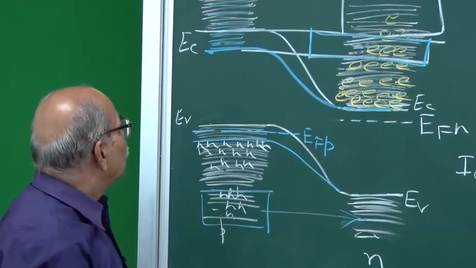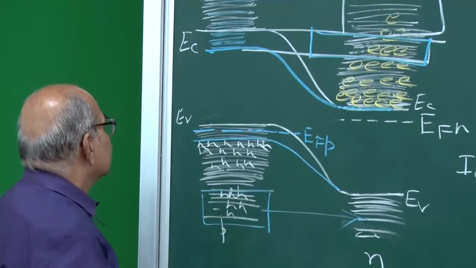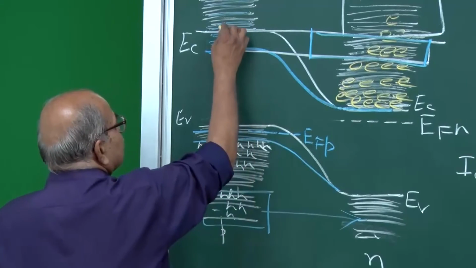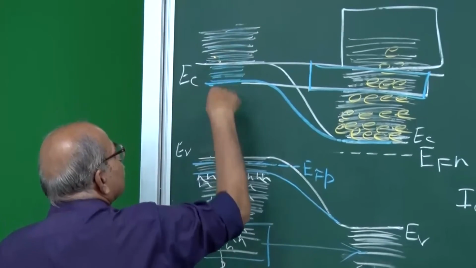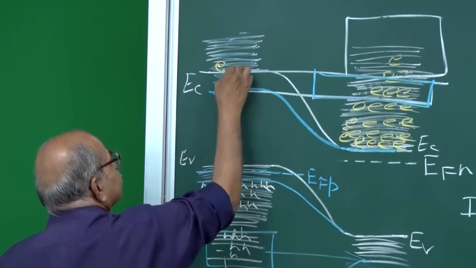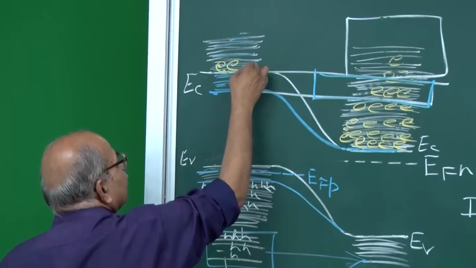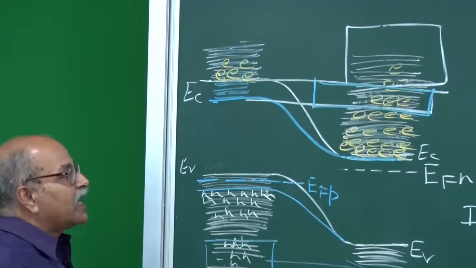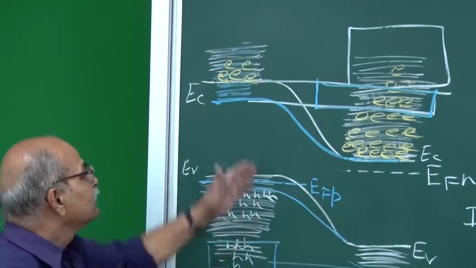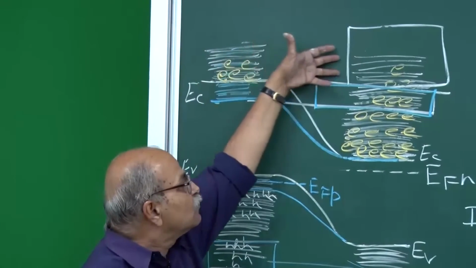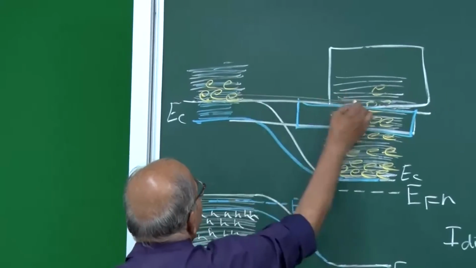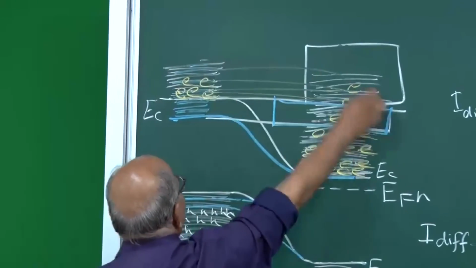So let me draw on this diagram itself. Originally your minority carriers start from here. This was the bottom of the conduction band. Under the electric field they tried to move towards this n side, and successfully they could do that because you had quantum states all over.